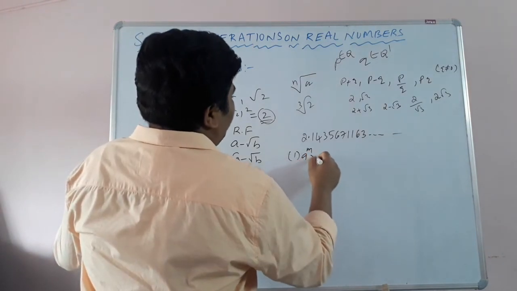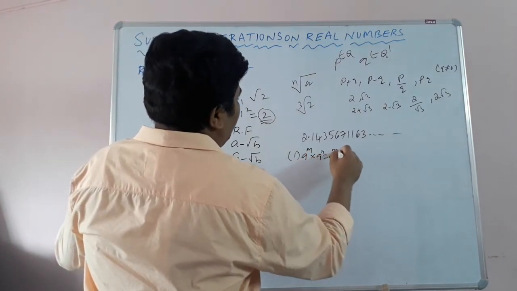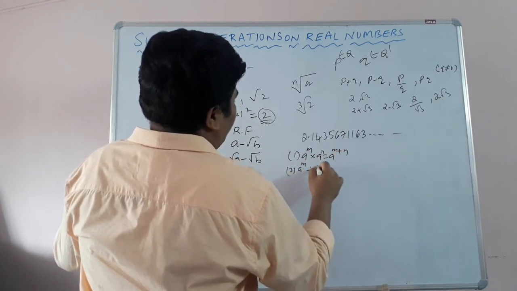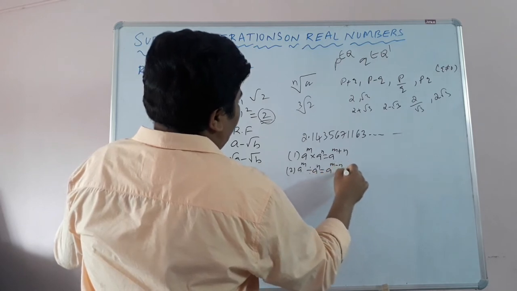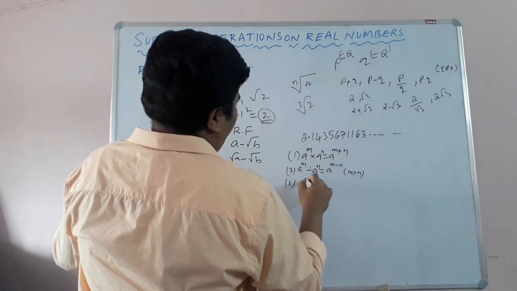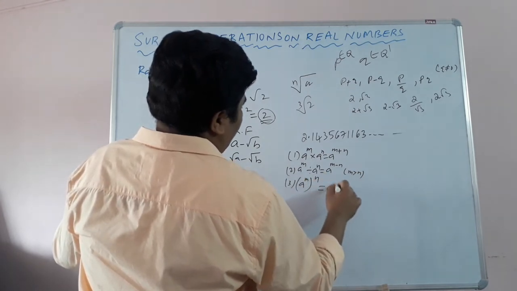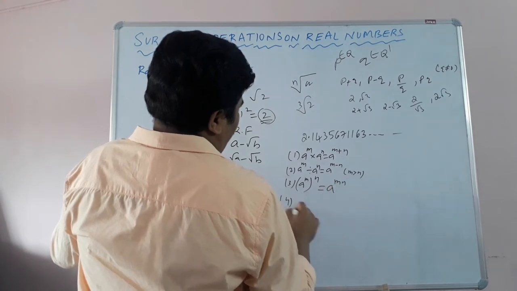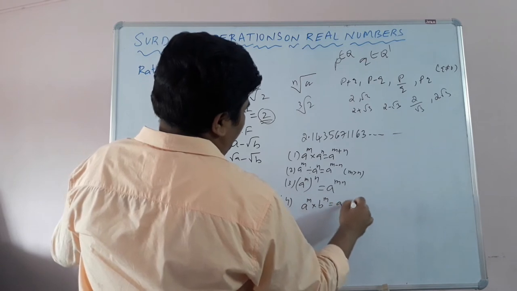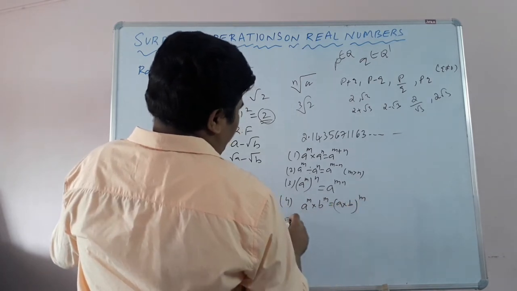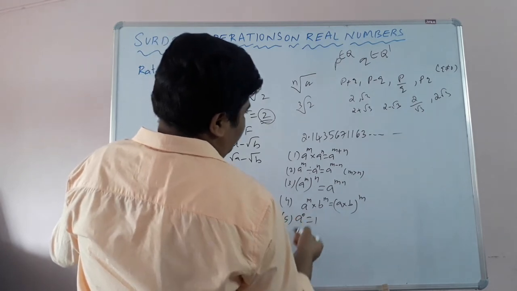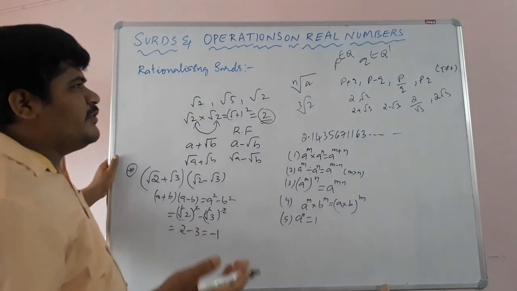What are those? a^m into a^n is a^(m+n). a^m divided by a^n is a^(m-n) if m is greater than n. (a^m)^n is equal to a^(mn). a^n into b^n is equal to (ab)^n. And a to the power 0 is equal to 1, which we know very well. So these laws of exponents we will use in real numbers.